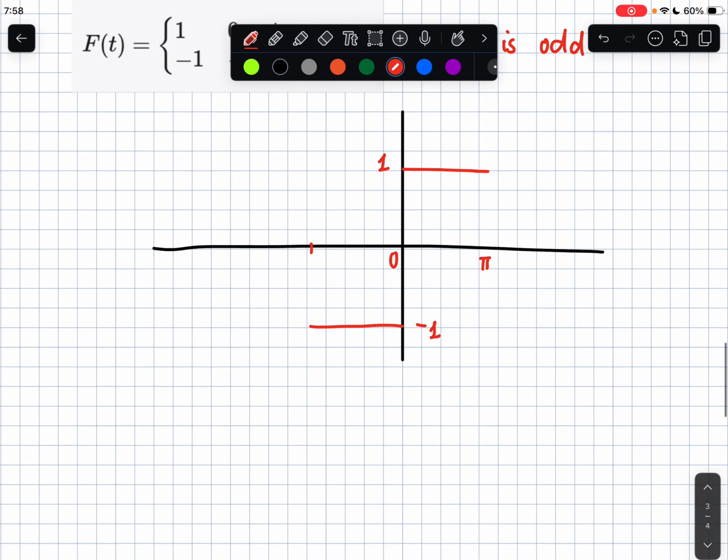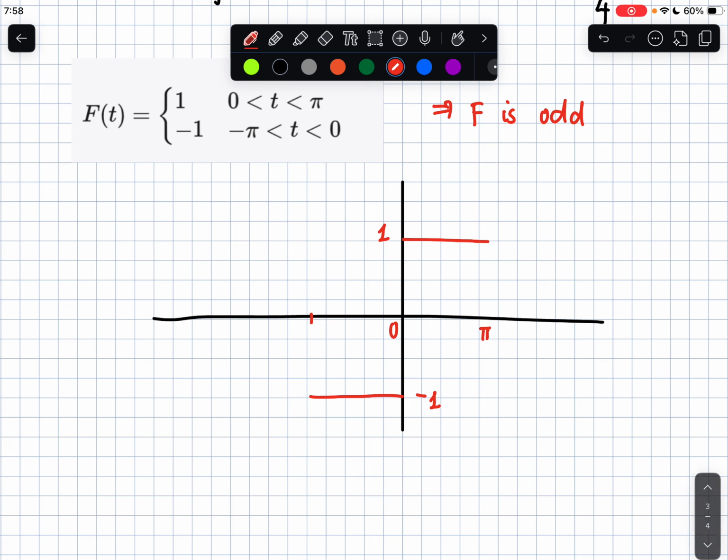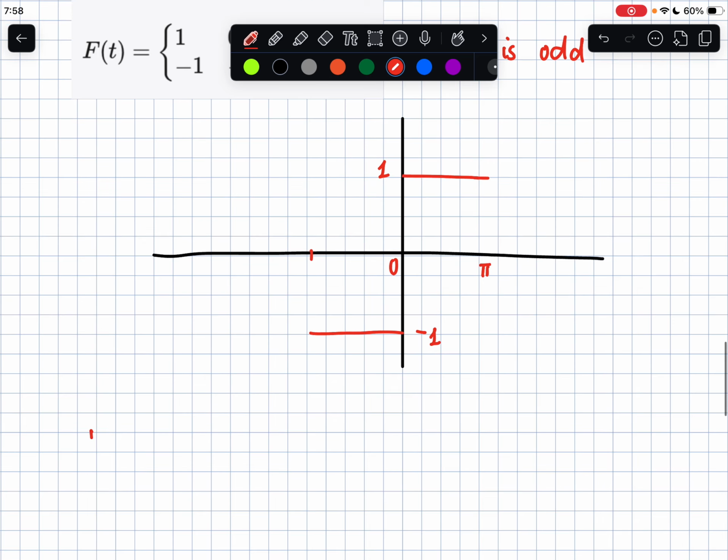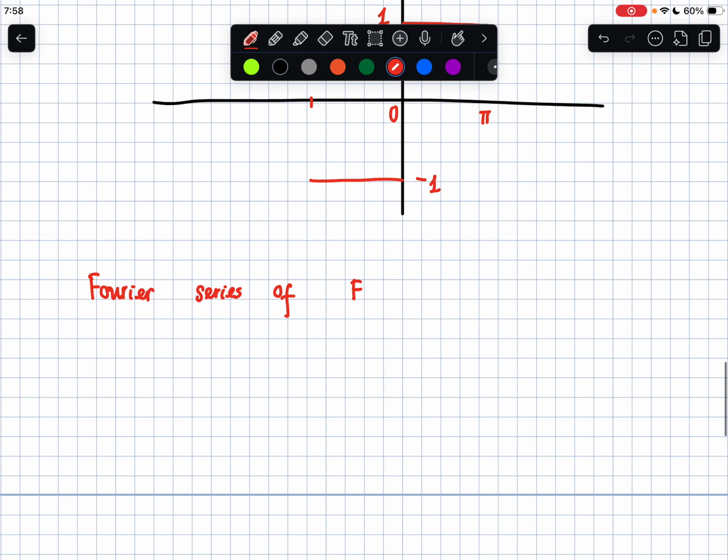We know that if we write F in terms of a Fourier series, we only have the sine terms. The Fourier series of F contains only sine terms: F(t) equals the summation, n from 1 to infinity, of b_n sin(n pi t divided by L).